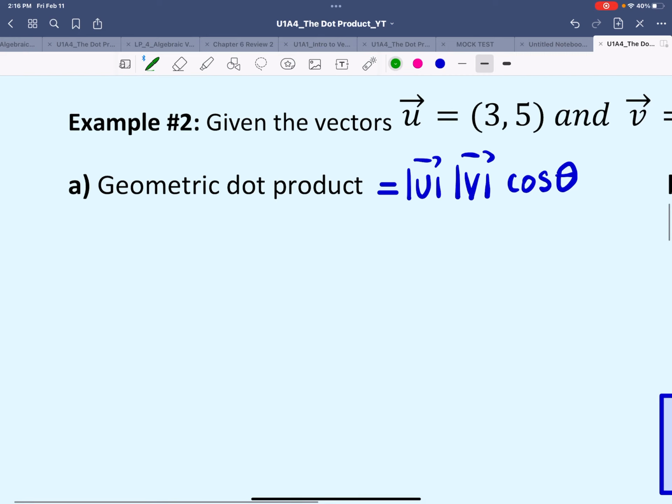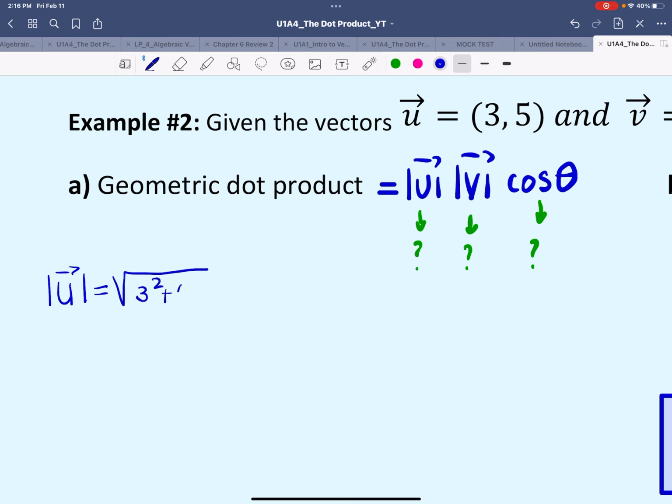So this means that we need to know the value of u, the value of v, and cosine theta, which we don't know yet. We know that the coordinates of vector u are 3 and 5. So magnitude of u must be square root of 3 squared plus 5 squared. So that will make it 9 plus 25, or square root of 34.